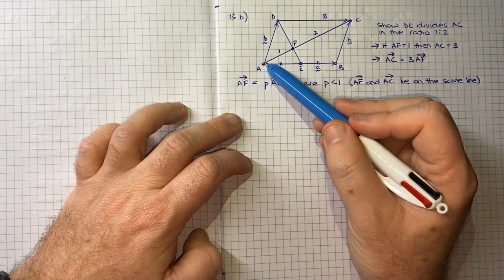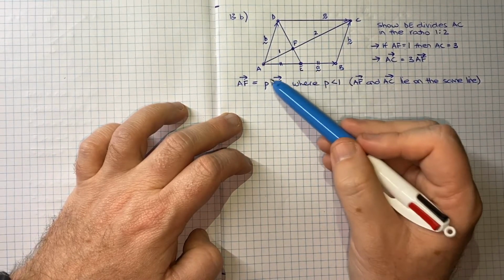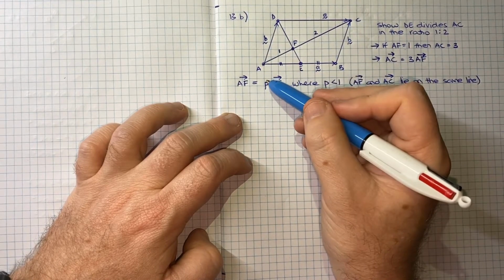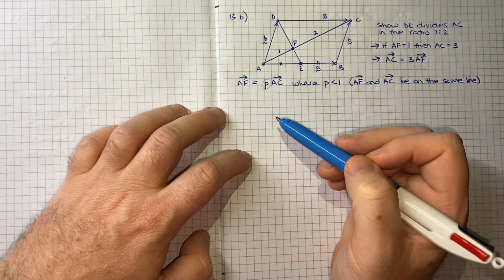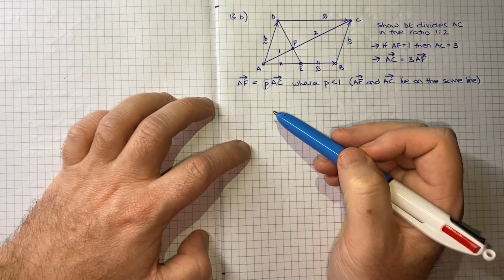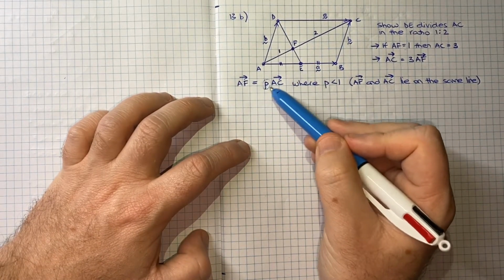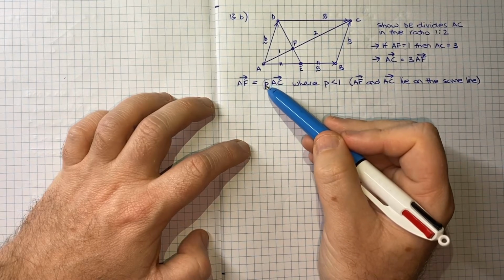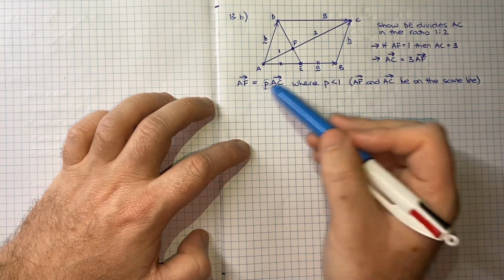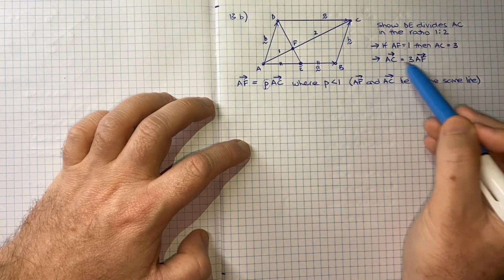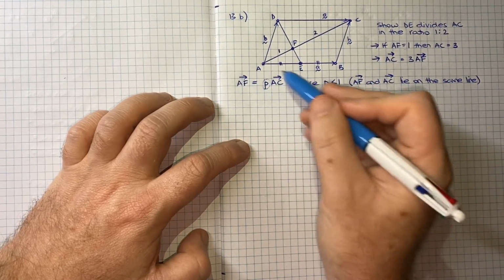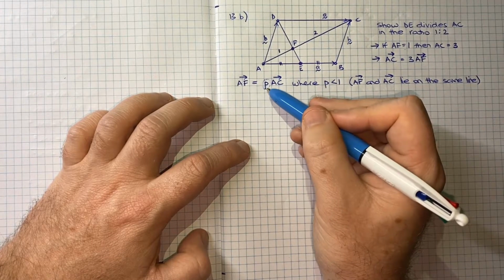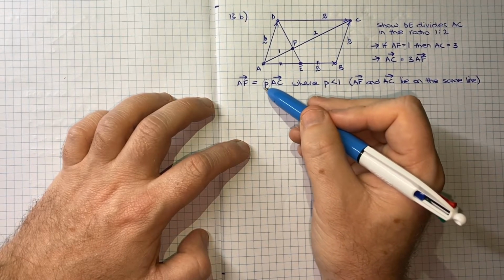We know that AF has some shorter length than AC, and that relationship I'm defining with the letter P. If we can find the value of P, then hopefully it lets us conclude this relationship. So through this technique, the question gets reduced to finding the value P.